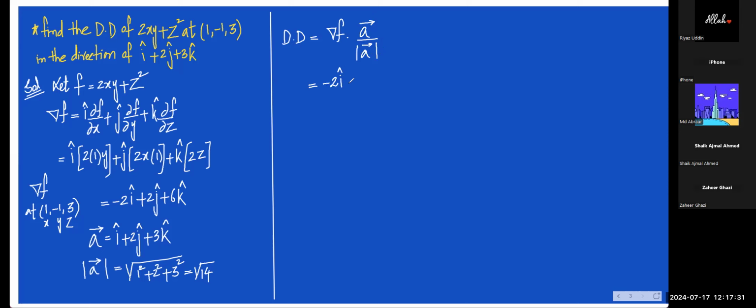Now del f value at the point is minus 2i plus 2j plus 6k, dot, vector A which is i plus 2j plus 3k, divided by its magnitude, which we got just now, root 14.